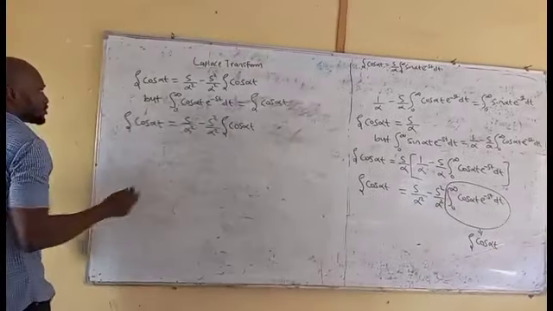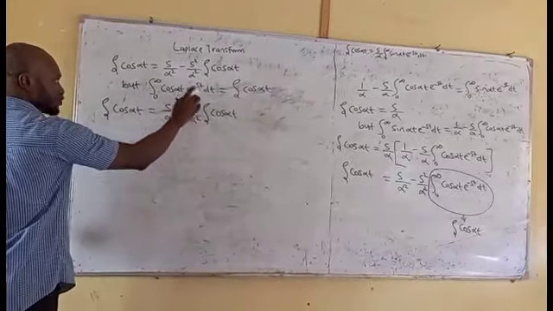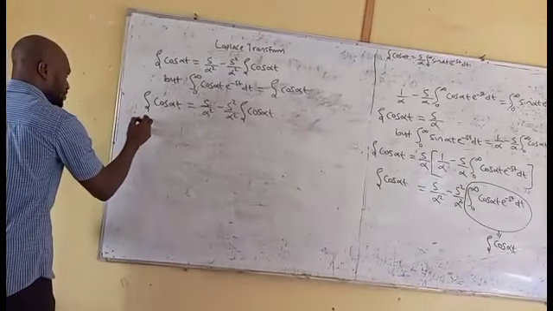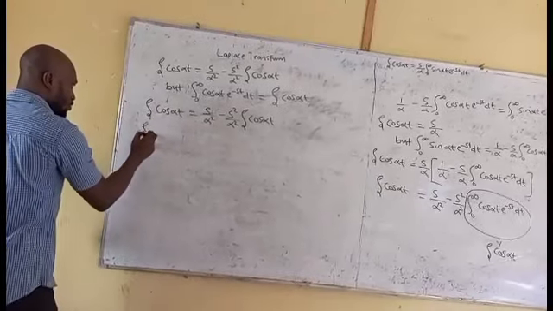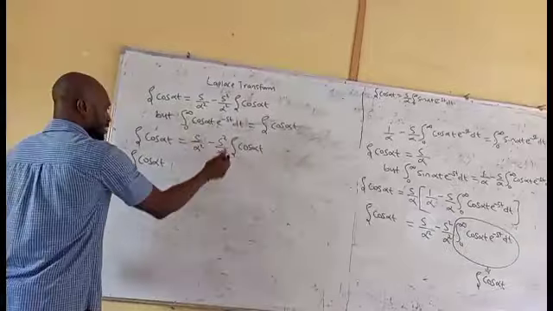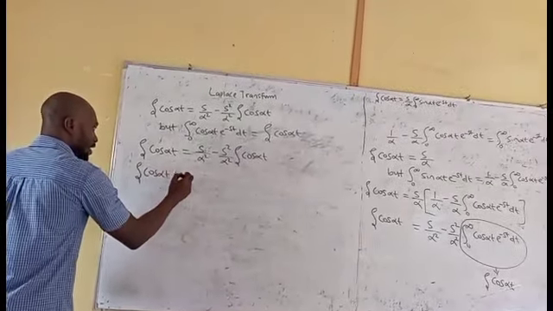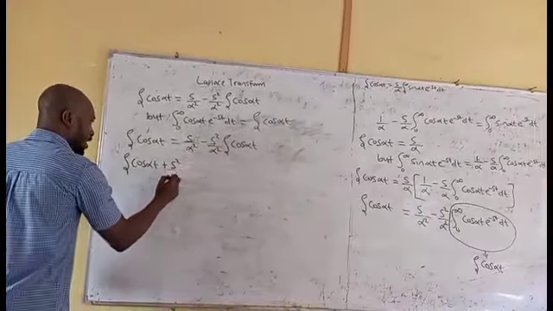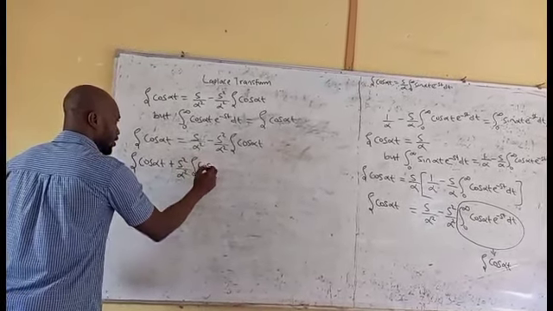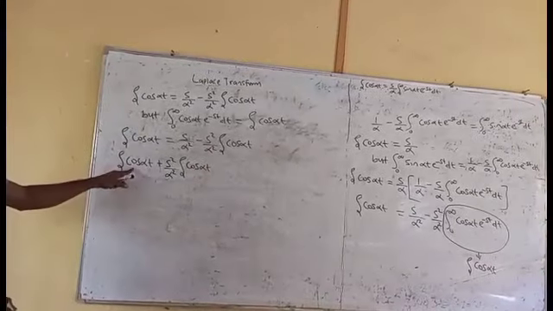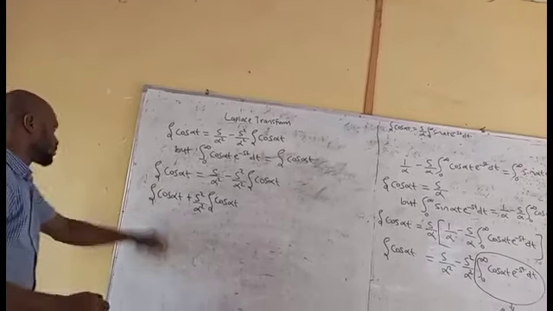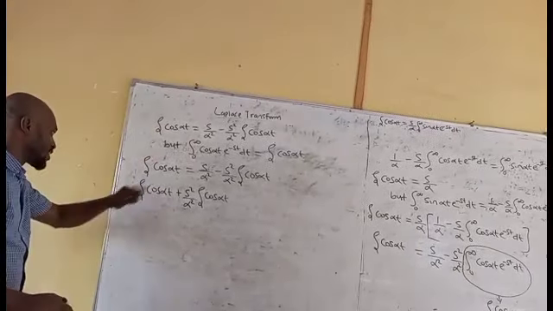So if you collect like this, now this is minus x squared over alpha squared. It will come over here, then it will be the Laplace transform of cos alpha t. Then this one that is minus will come over here, becomes plus x squared over alpha squared, then the Laplace transform of cos alpha t, the same thing as the Laplace transform here.